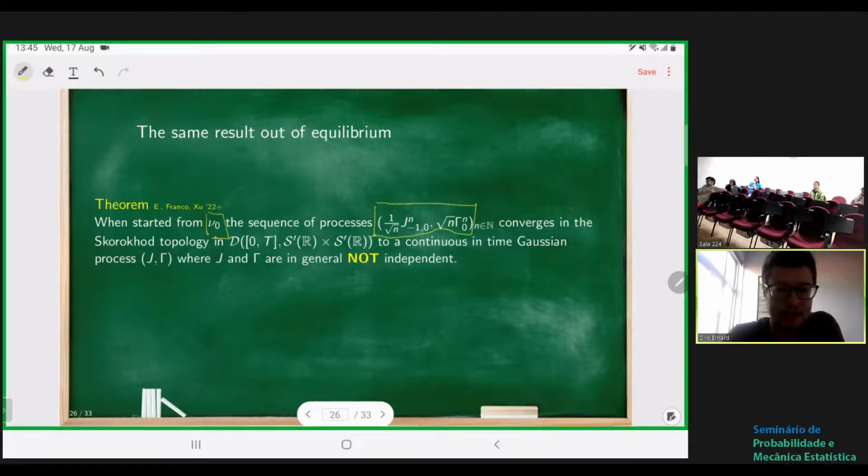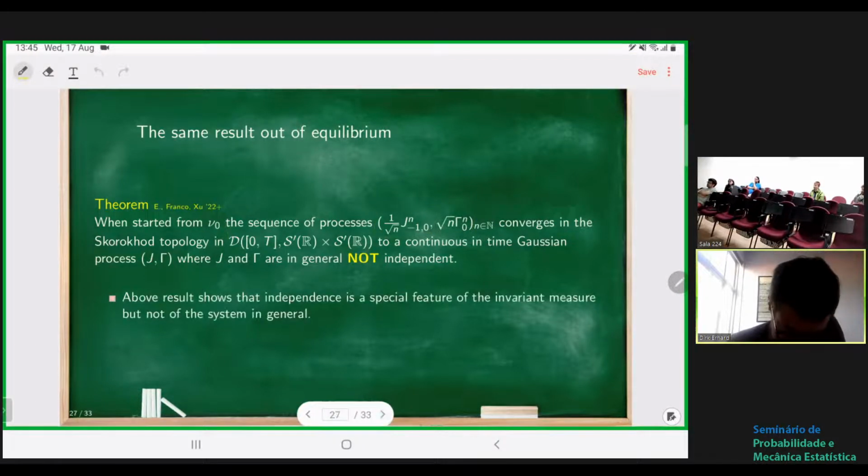I think I have maybe some 5, 6, 7 minutes left, so let me say some words only about the proof. Again, some of the heuristics I give are probably known to the experts. What you want to show is that both of these coordinates converge to Gaussian processes, and you would like to compute the relation between them. So let us first focus on gamma.